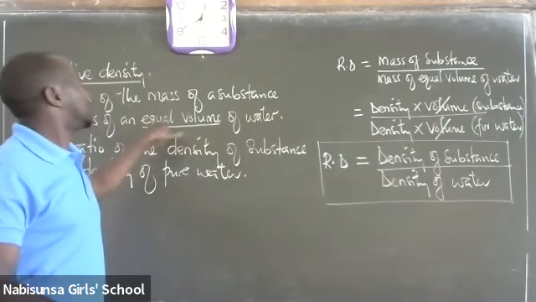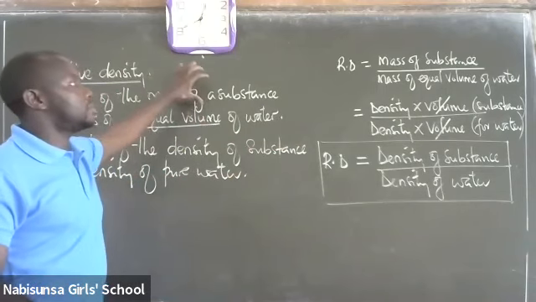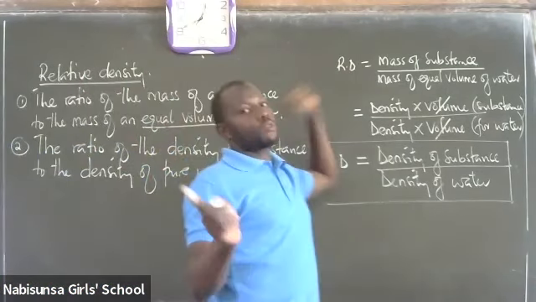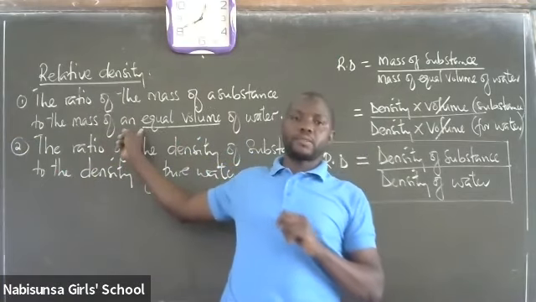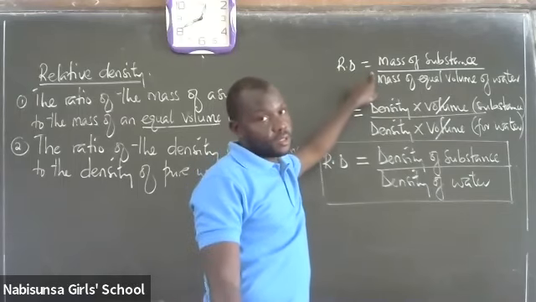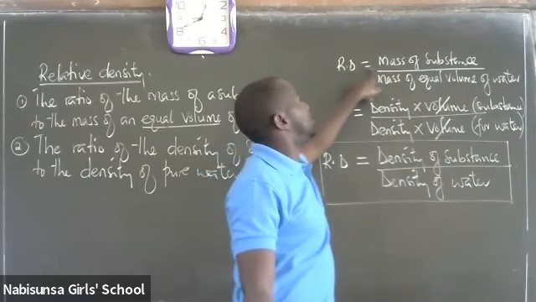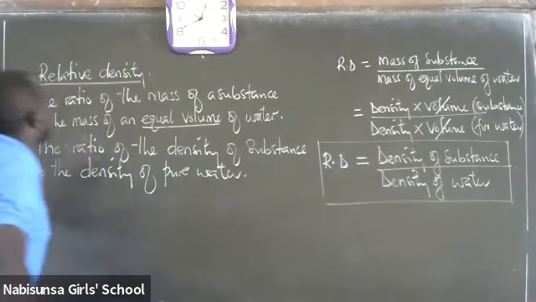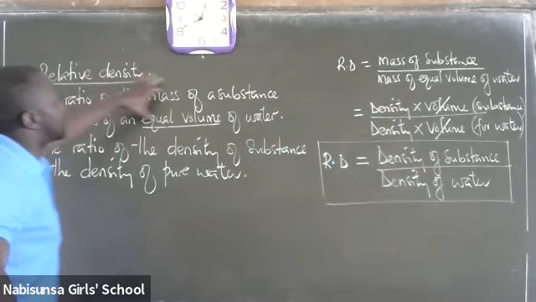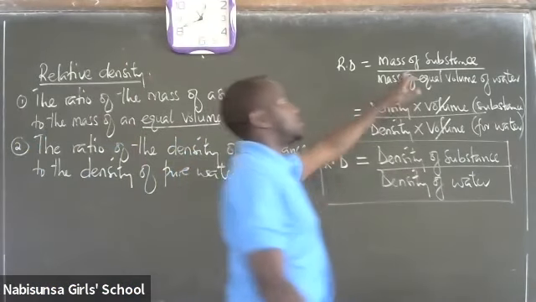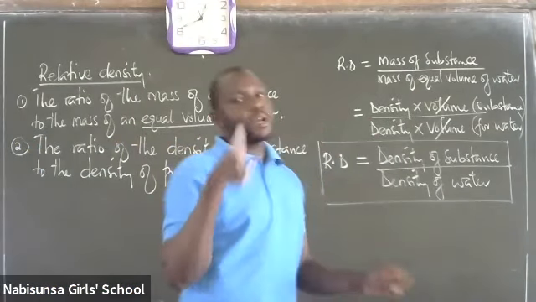Equal volume, meaning the volume of the water must be equal to the volume of the substance you're talking about. But when you convert this English into mathematics, the mathematics becomes this. So this mathematical statement is exactly the same as this English statement.